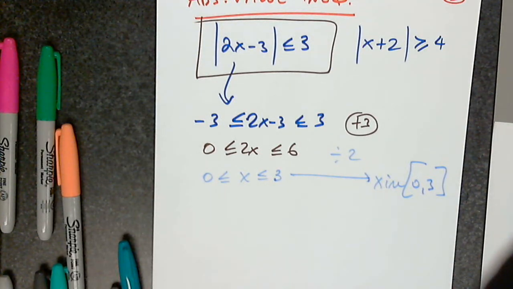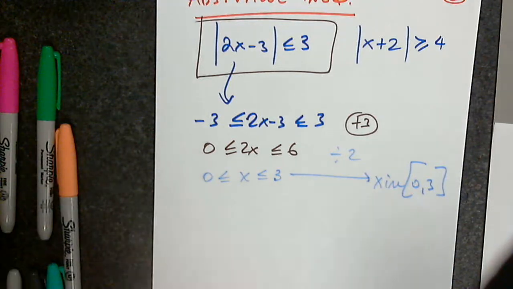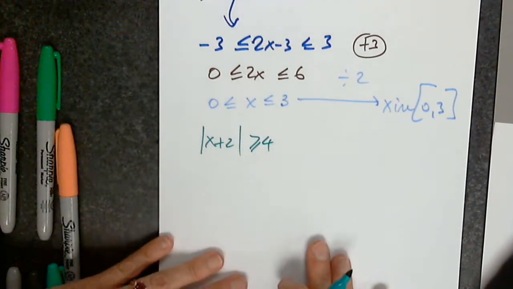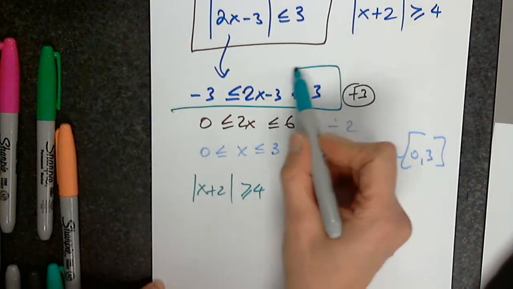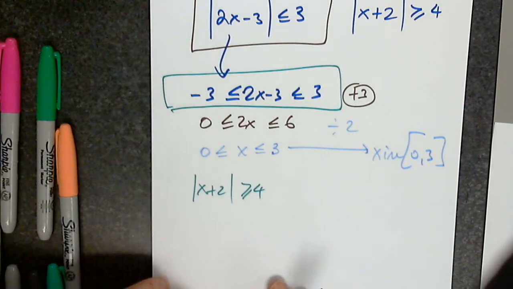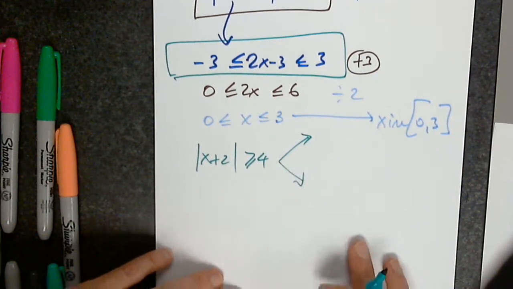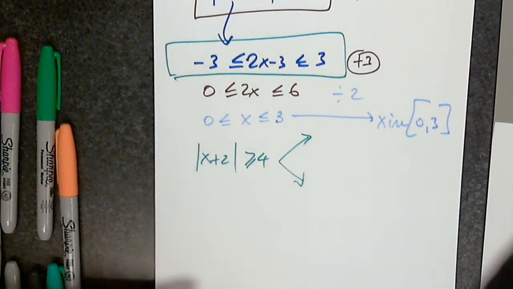Nothing in between. You cannot include anything in between. That is taken by another inequality. So when I solve the inequality, the absolute value of x plus 2 greater than or equal to 4, I cannot write it as a chain. Not possible. So this totally changes into two totally different inequalities.